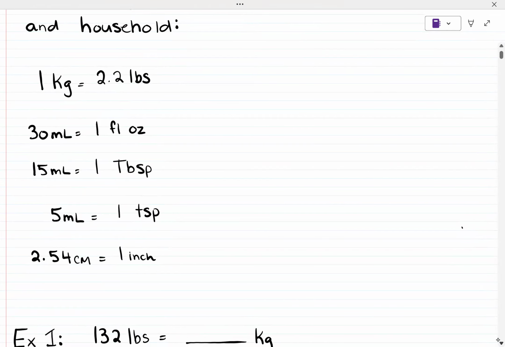And 2.5 centimeters equals 1 inch. So go ahead and copy that down because we're definitely going to use these.